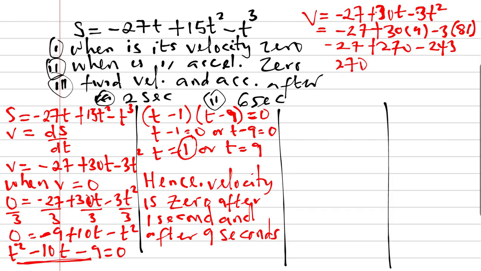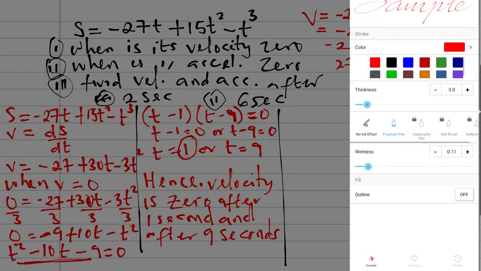Then minus 27 minus 243 is also 270. And that will give us what? 0. Sure you get? So that is what the question means, that the time when the velocity is 0 is either 1 or 9.